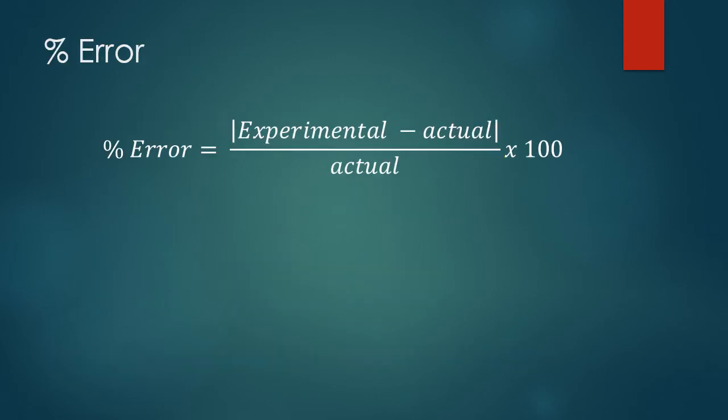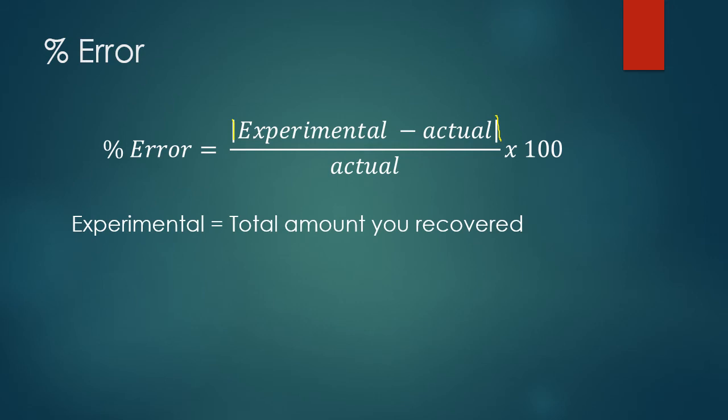And last but not least, the percent error. So we've done this calculation several times already in lab, so we're using it again. Remember, percent error is going to be a positive. That's why these absolute value bars are present. And to calculate, you do the experimental minus the actual divided by the actual. And they actually give you an equation telling you what the experimental should be and what the actual should be. So the experimental is going to be the total amount that you recovered.